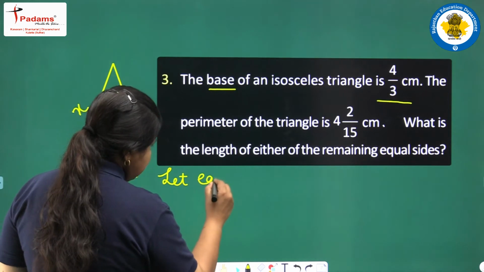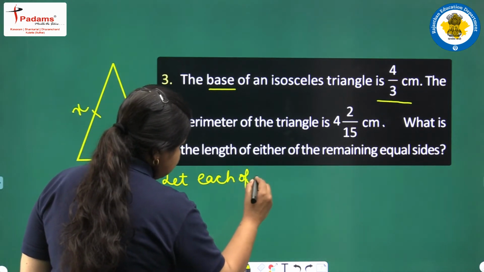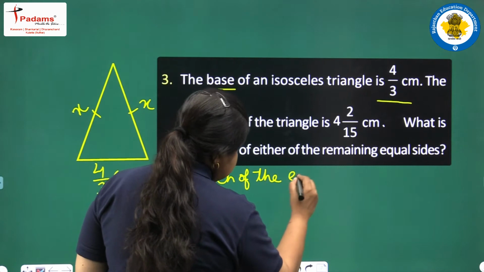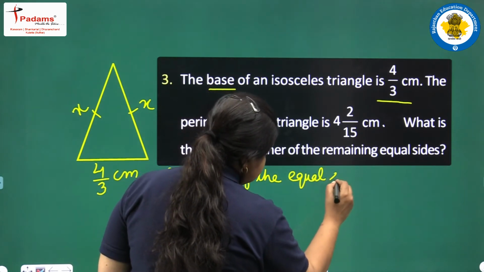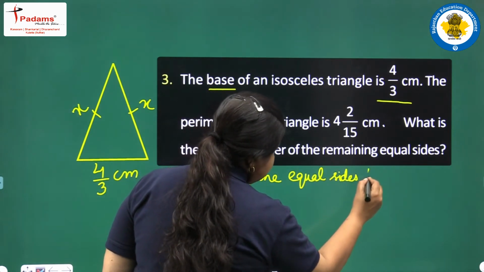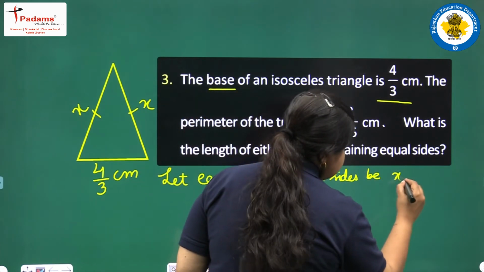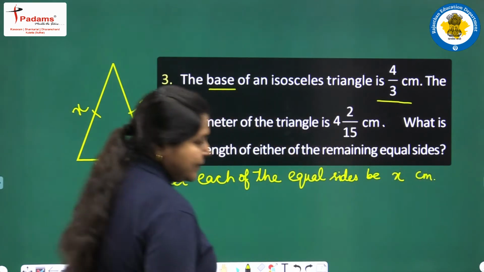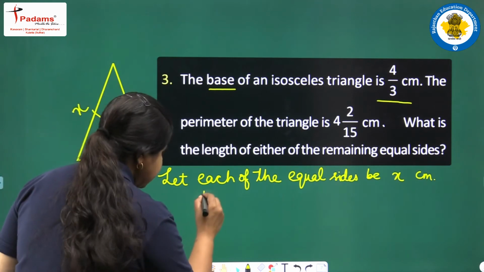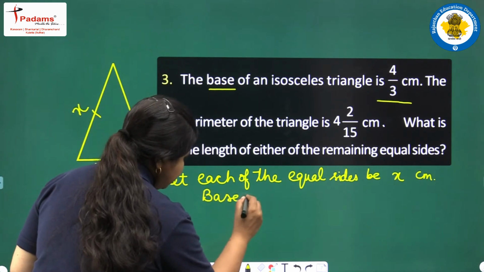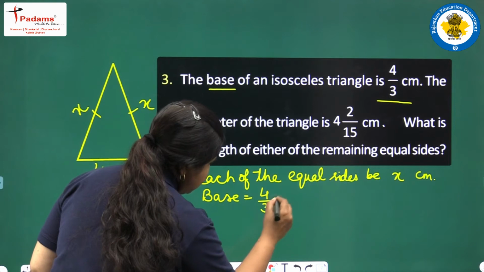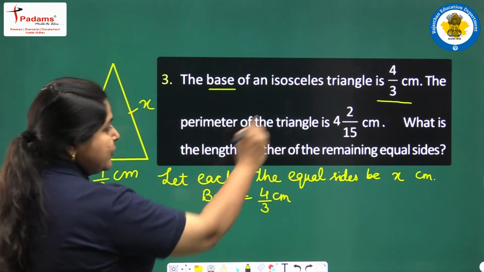Let each of the equal sides be x centimeters. The base has been given equal to 4 by 3 centimeters. This has been given already.